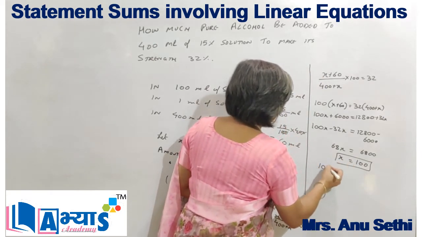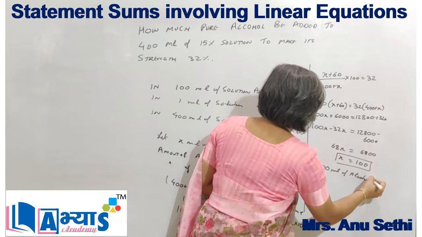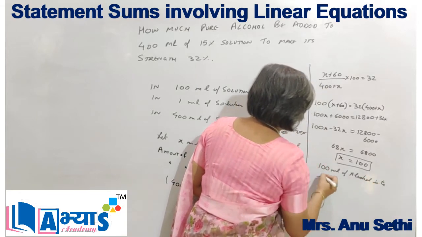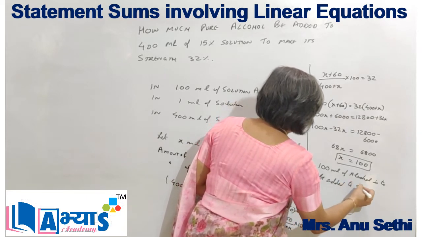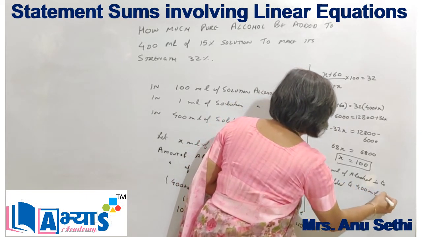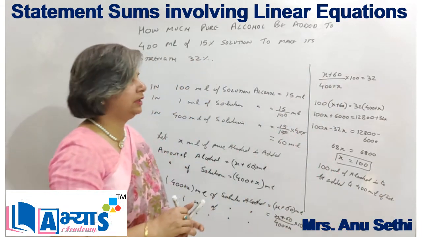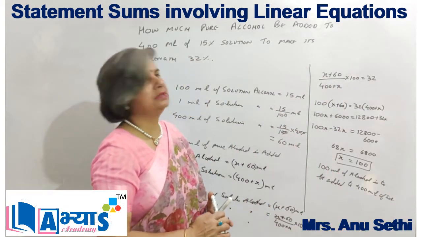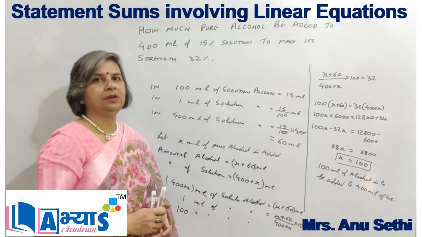That means 100 ml of alcohol is to be added to 400 ml of solution. So this is how we can find that if 100 ml of alcohol is added to 400 ml of solution, the new percentage will be 32%.